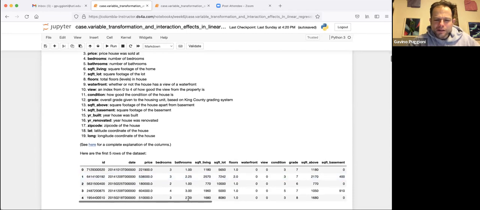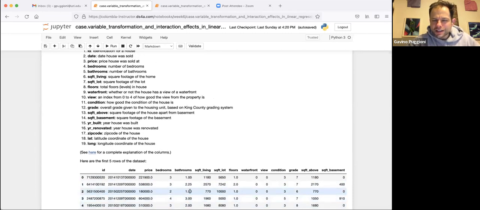You will see that bathrooms contains decimals. I don't know how it is in Colombia, but sometimes when it's a half bathroom, it is indicated either as a 0.25 or a 0.5 bathroom. Typically, a half bathroom is a bathroom that only has the water closet and the sink, but does not have a shower, let's say.